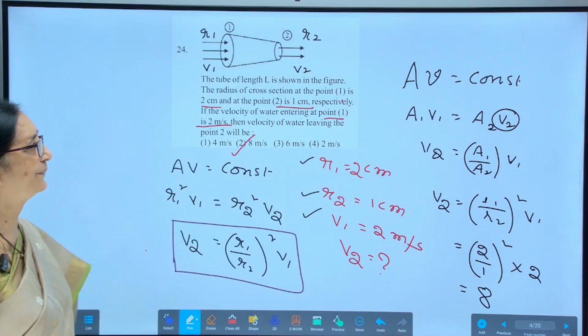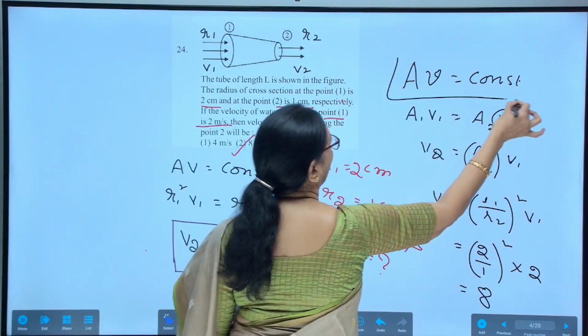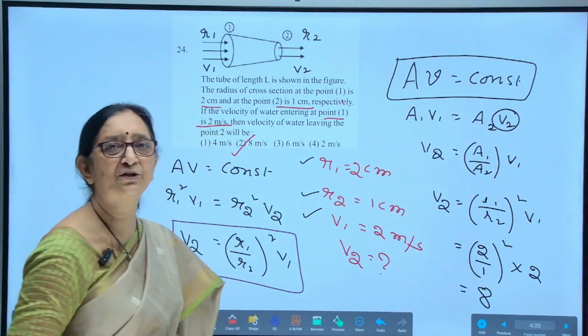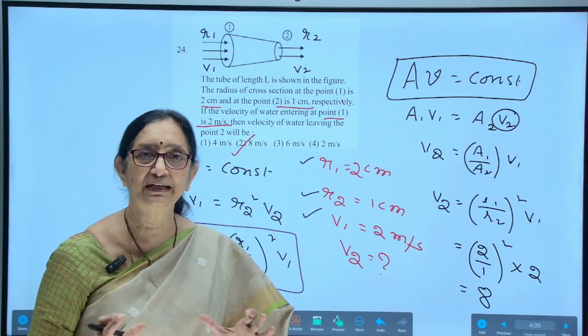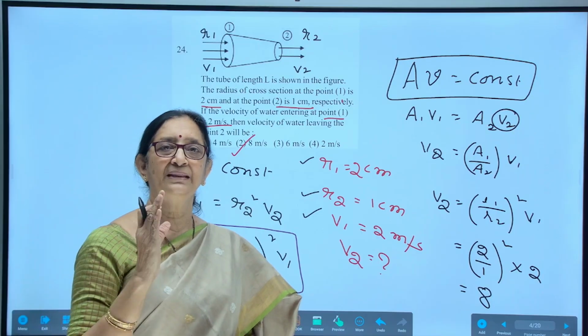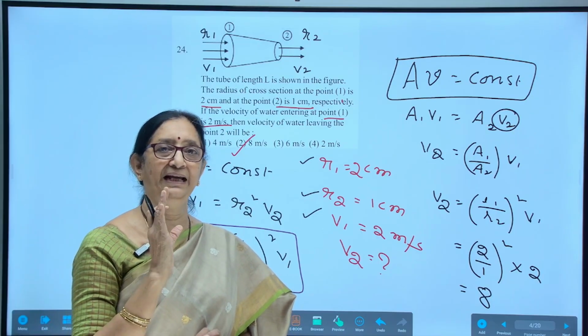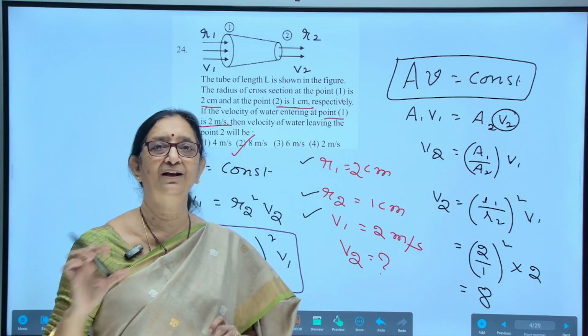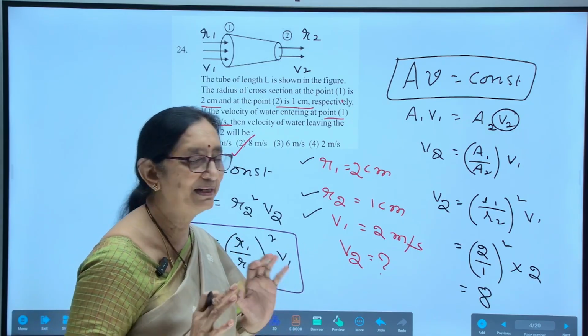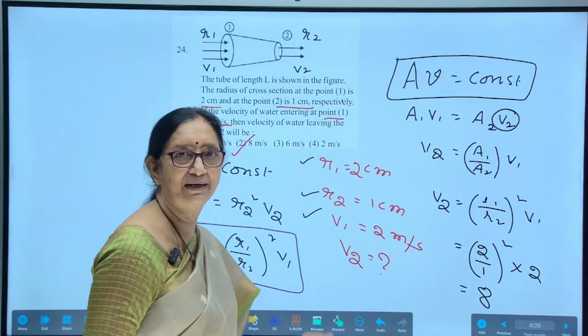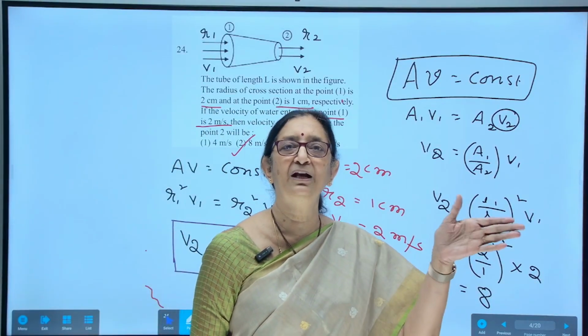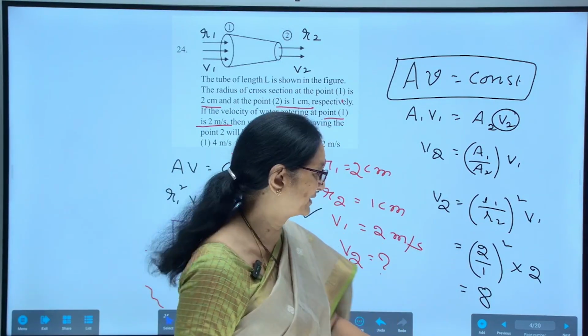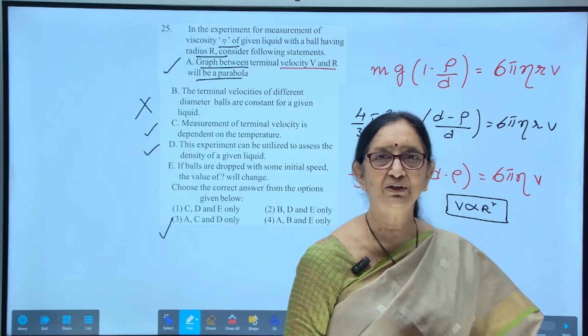This is based on the equation of continuity, that is, in streamline flow, the volume rate of flow of liquid is constant, that is, the product of area of cross section and velocity of the fluid flow remains constant. AV is constant. If it becomes narrower, velocity will be more and vice versa. Okay, move on to the next problem.